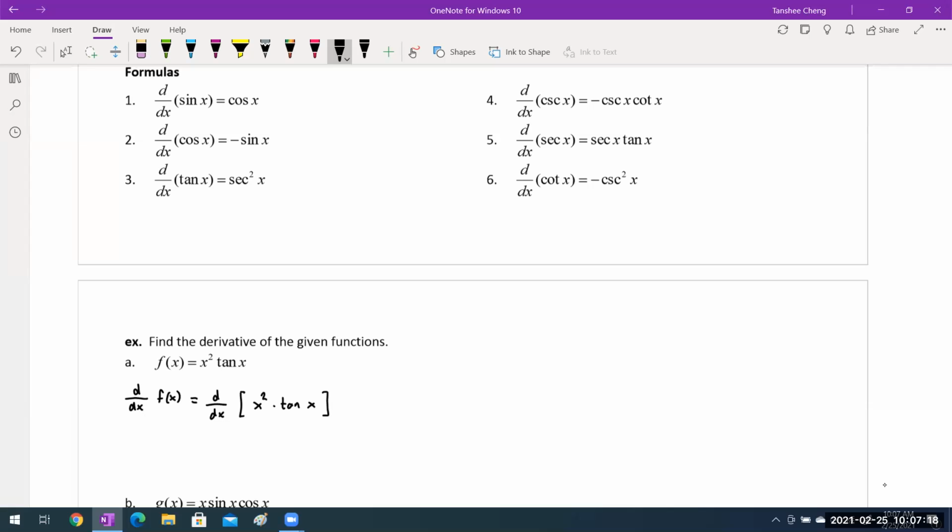Okay, so this is the product rule. The product rule is f prime g plus f times g prime, the derivative of the product.